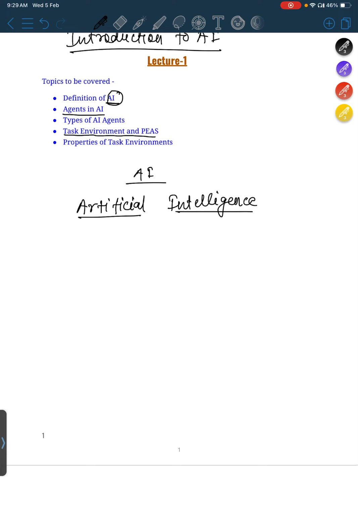We call people intelligent, for example, and we assume some animals are intelligent. But what about other things? Are trees intelligent?